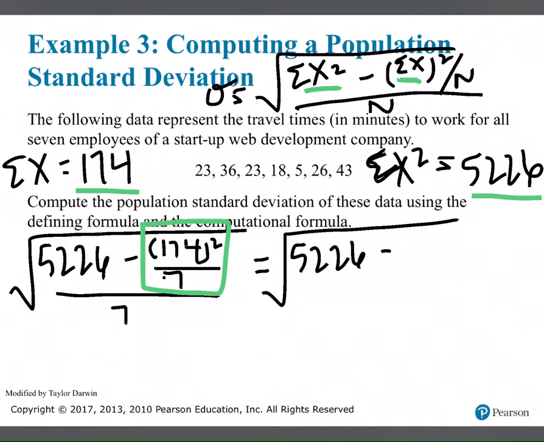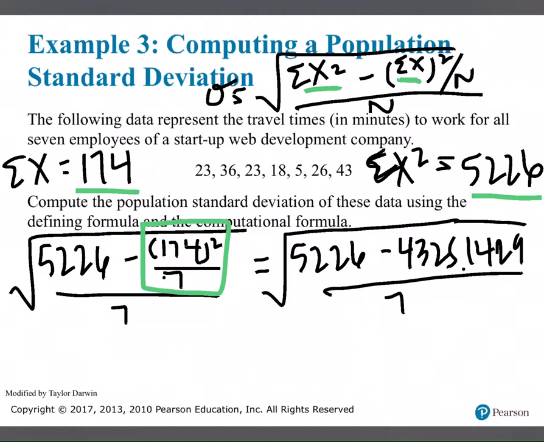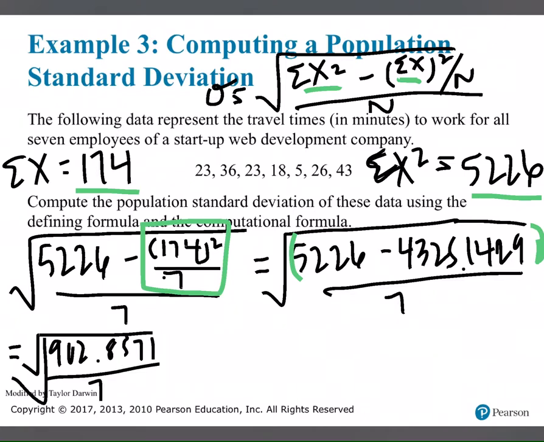If you do that part in your calculator, you should get 4,325.1429, all divided by 7. So the next thing I would do is subtract these. When you subtract them, you will get 902.8571 divided by 7.